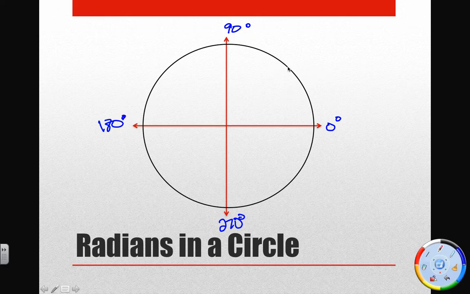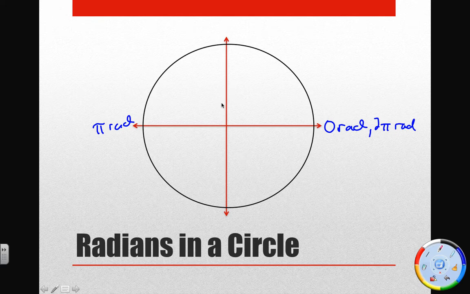This is 0 radians because it's 0. We said that 180 degrees is the same thing as pi radians. And we also said going 1 full revolution is the same thing as 2 pi radians.